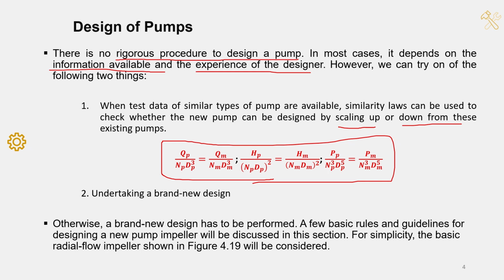If the test data of the existing pump is available, then you can use the similarity law to check whether you want a bigger impeller size or a higher rotation speed. So this is one approach.